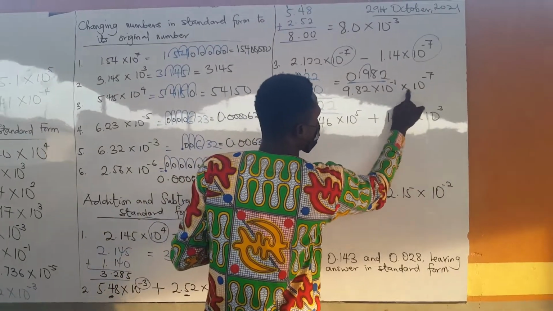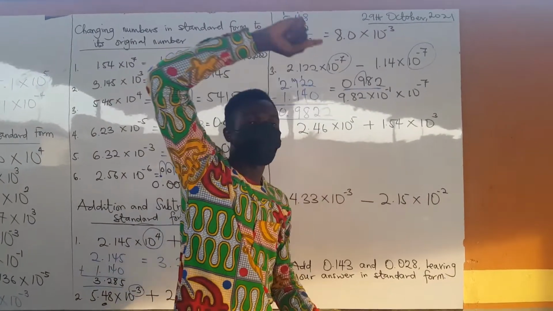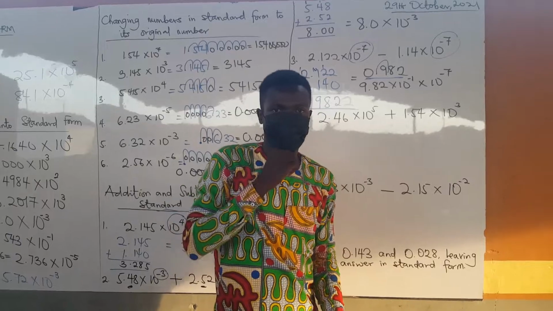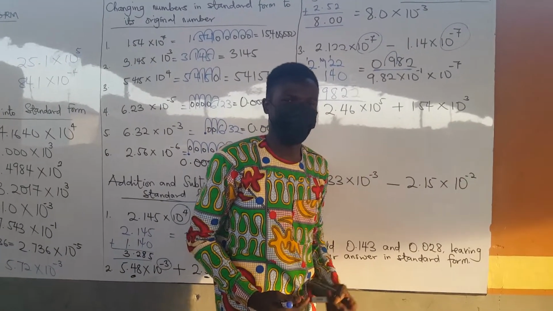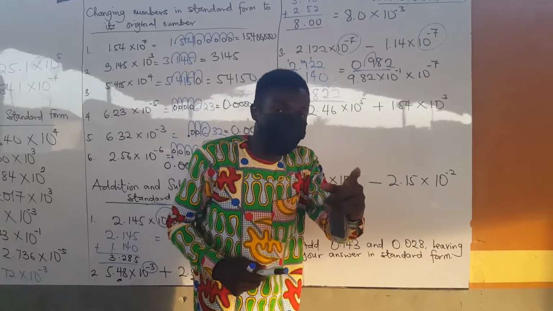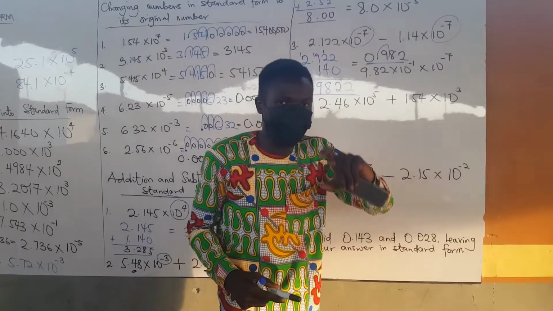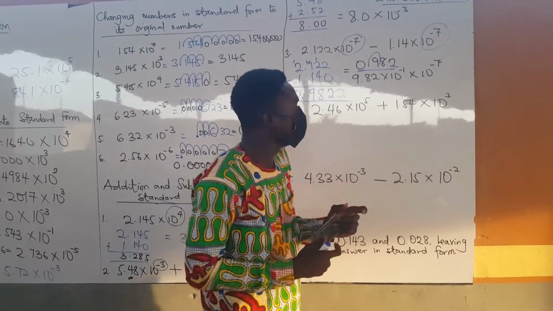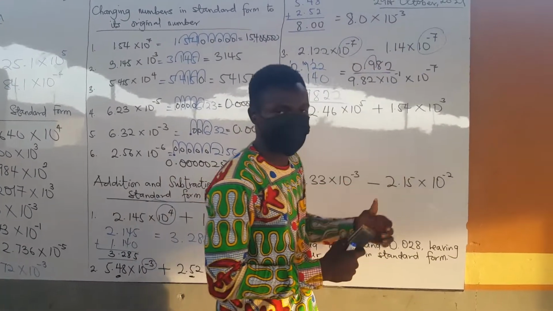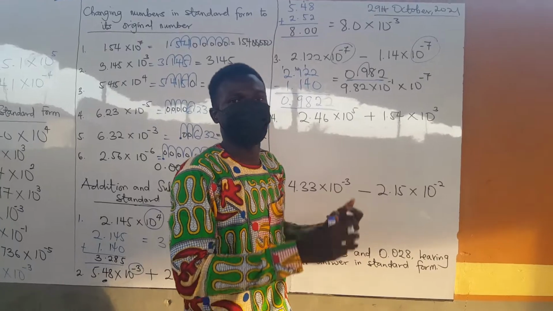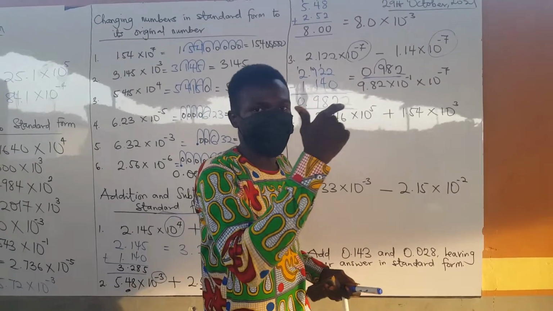So with this, we are going to apply the laws of indices that we were taught in the previous video and in classroom. The first law says that if the bases are the same, add the powers. So we are going to add negative 1 to negative 7, and that is going to give us negative 8.